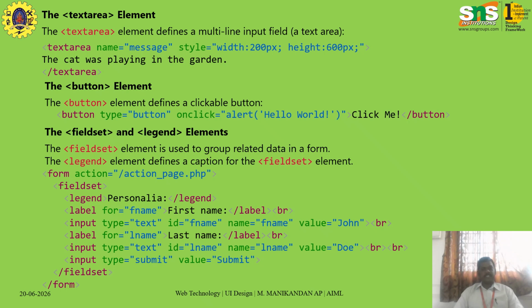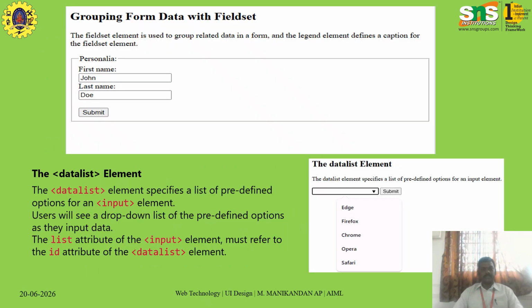Next one is the fieldset and legend element. The fieldset element is used to group related data in a form. The legend element defines a caption for the fieldset element. This is grouping form data with fieldsets.